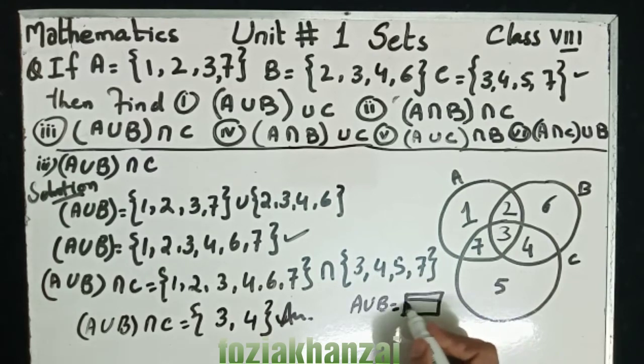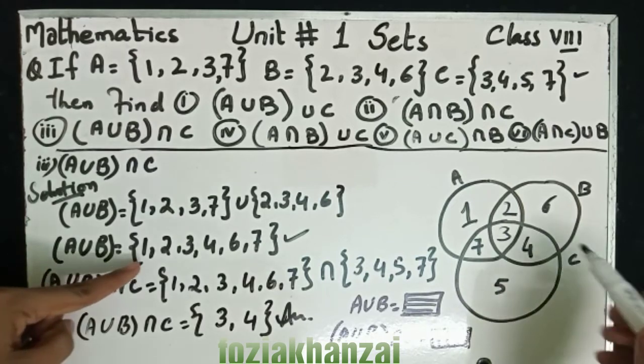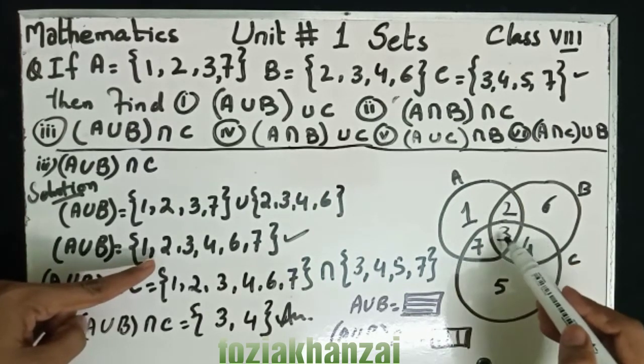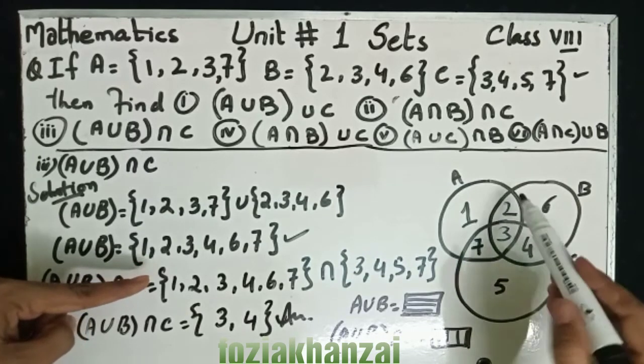Suppose vertical line for (A union B) intersection C. The answer of A union B is 1, 2, 3, 4, 6 and 7, except this part, 5.